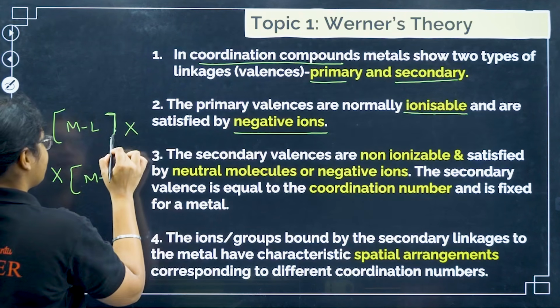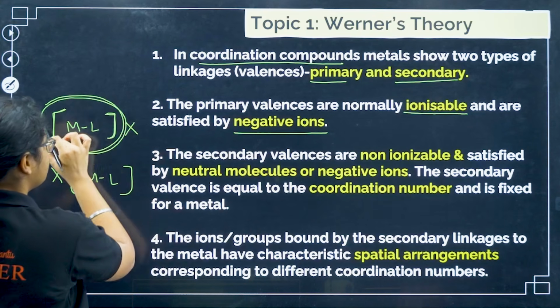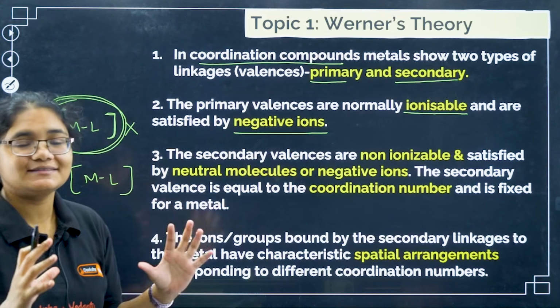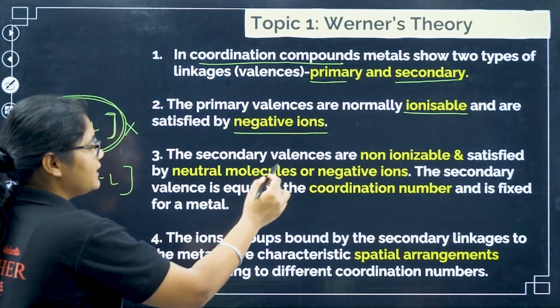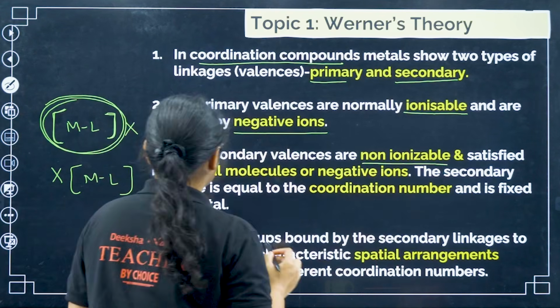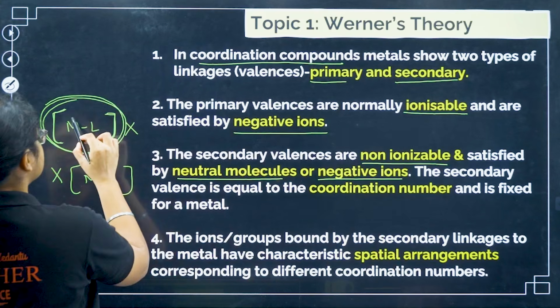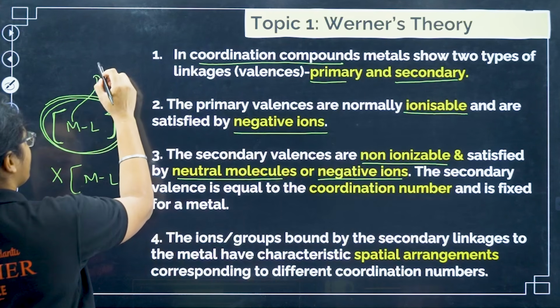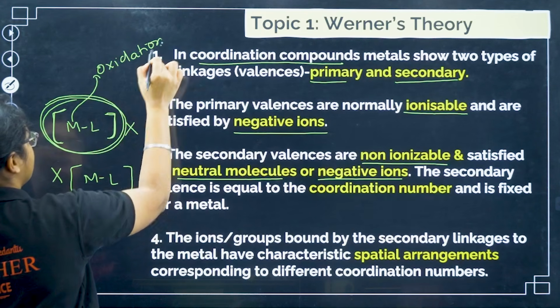The valency of this particular complex is called the primary valency. And the secondary valencies are non-ionizable and satisfied by neutral molecules or negative ions. Now this metal will have a charge, or we call it the oxidation number of the metal.